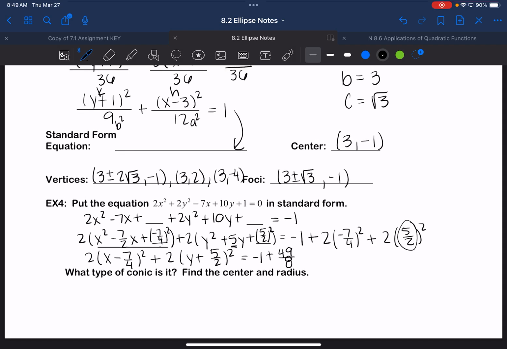Okay, and then for this one, if I square that, that becomes 25 over 4. But then I'm going to simplify it by this 2, so really just 25 over 2, right? Okay, and then has anybody already added up these ones? Yeah, 141 over 8. Okay, so this is 141 over 8.